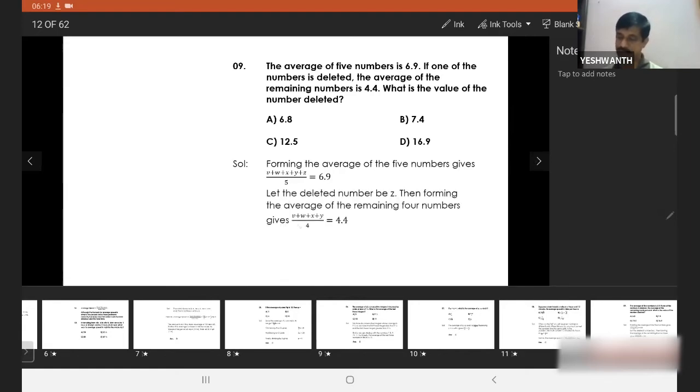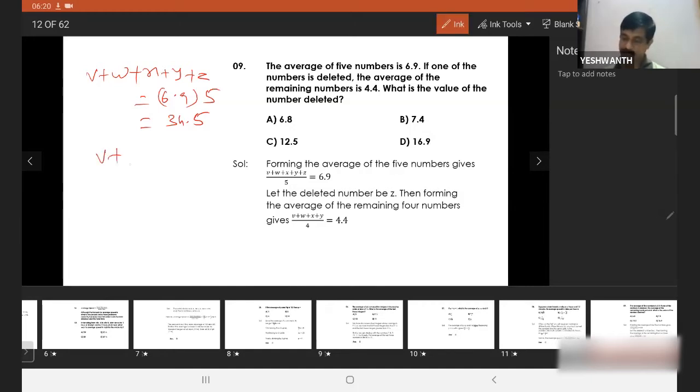In this, one number is deleted, so let us say we have deleted Z. So V plus W plus X plus Y by 4 is 4.4. V plus W plus X plus Y plus Z equals 6.9 into 5, which is 34.5.